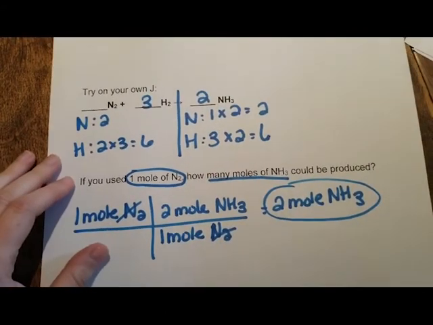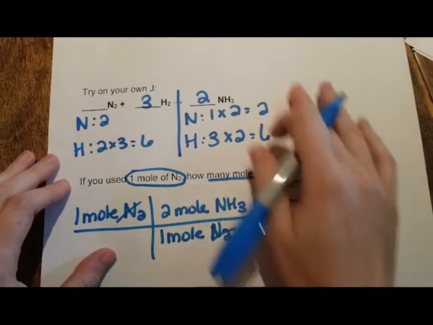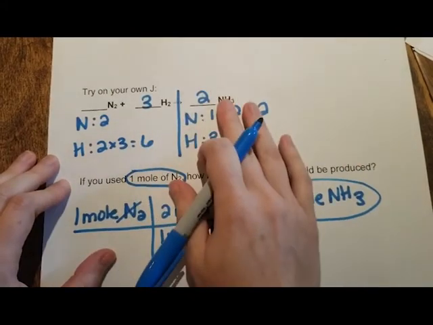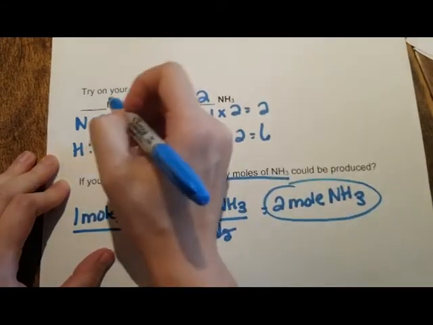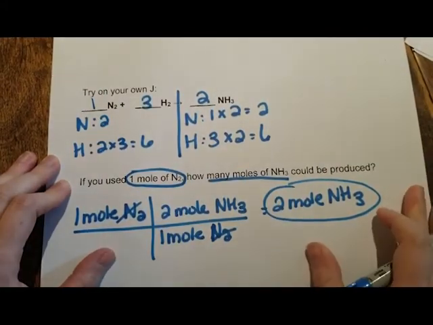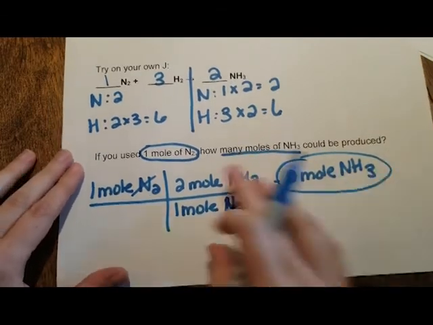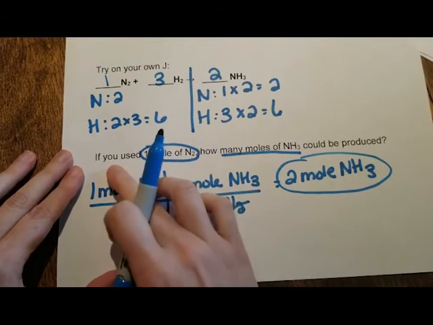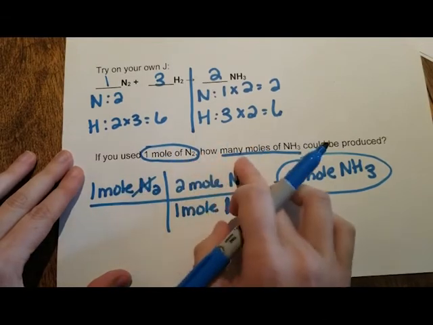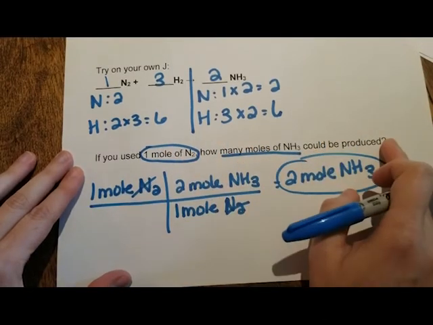Try on your own J gives us another problem to balance. So we balance our chemical equation first, and we get our coefficients. I didn't write the 1 right here, but you always could if you wanted that reminder. Once you have your coefficients, you can use them to find the molar ratio and solve the problem. If you use 1 mole of nitrogen, how many moles of ammonia could be produced?